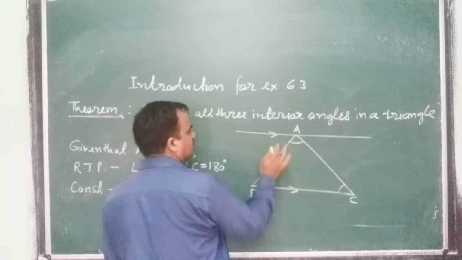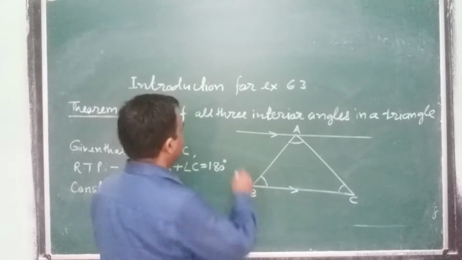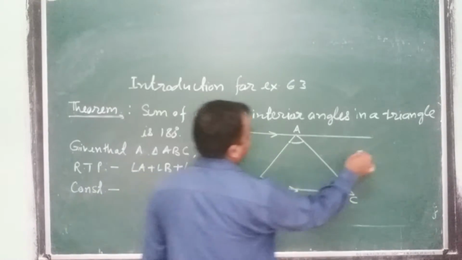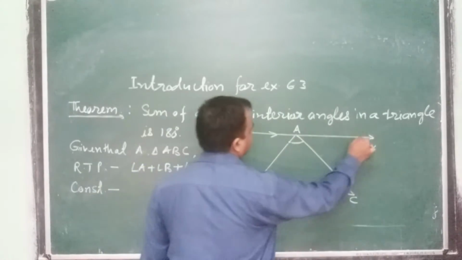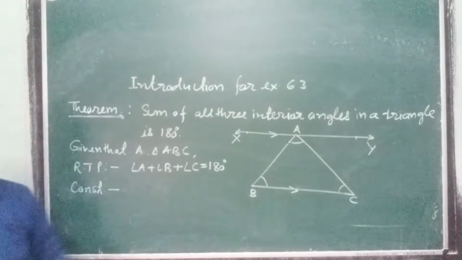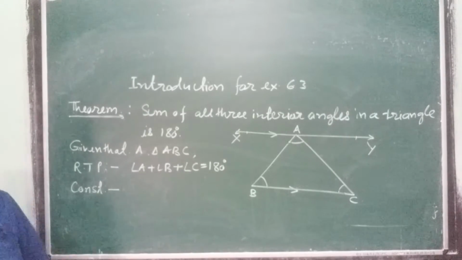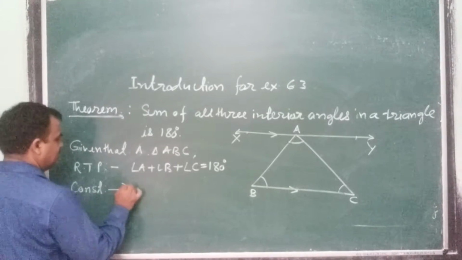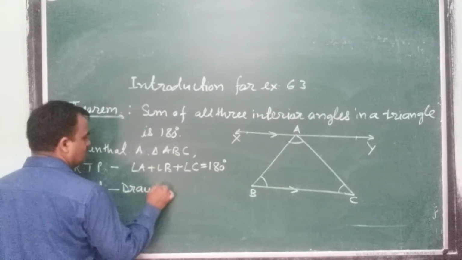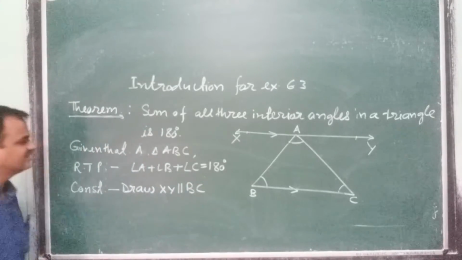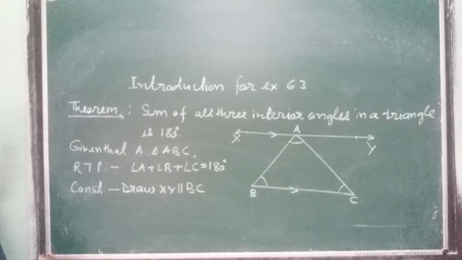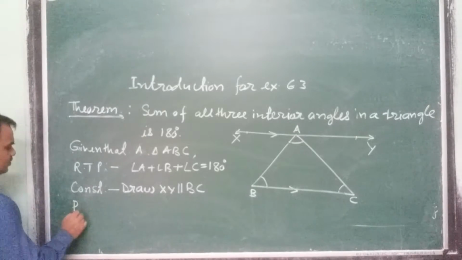We have drawn a line here and give the name to this line as X and Y. XY is the line which is parallel to BC. This construction we have done. So let us write this. Draw XY parallel to BC. Now we may proceed for the proof.